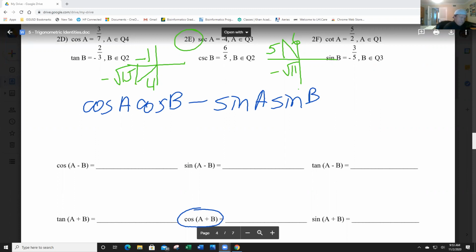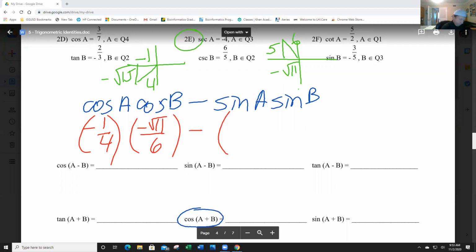So we have negative 1/4 is cosine a. And again, I would suggest you do this ahead of time and then come in and see if you can match it up to the work here. Radical 11 over 6, minus negative radical 15 over 4 times 5/6.